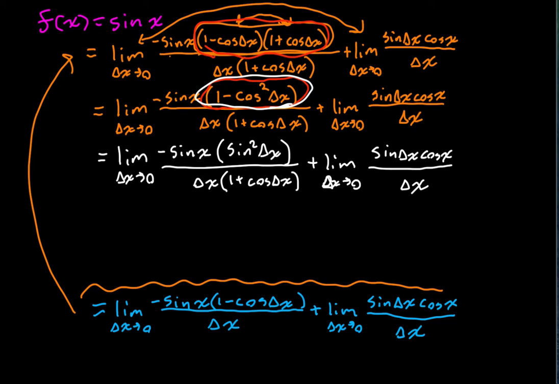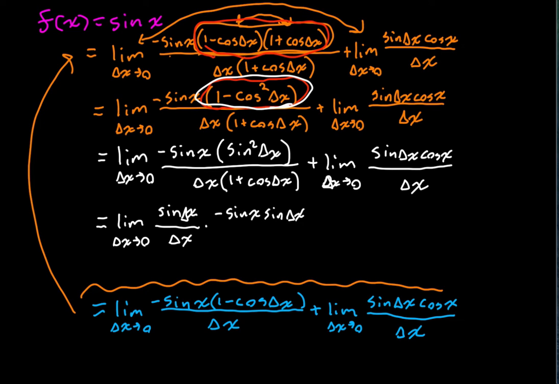Now I'm just going to write this a tiny bit differently. I'm just going to change things around a tiny little bit. I'm going to say that this is, perfectly fairly, the same as the limit as delta x goes to 0 of sine of delta x divided by delta x times the negative sine of x times the sine of delta x.